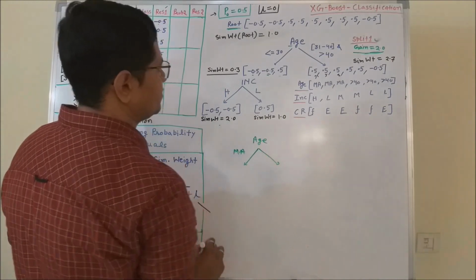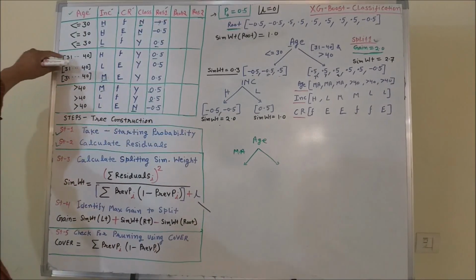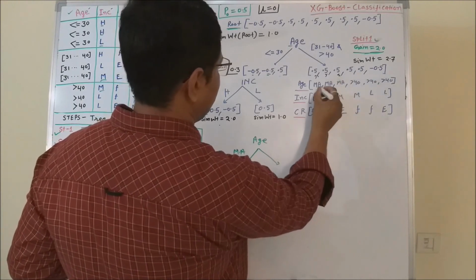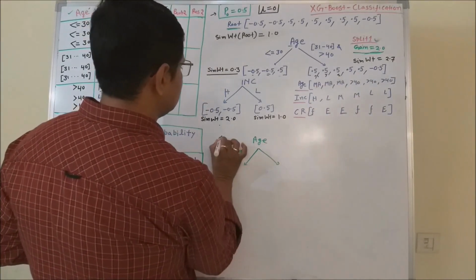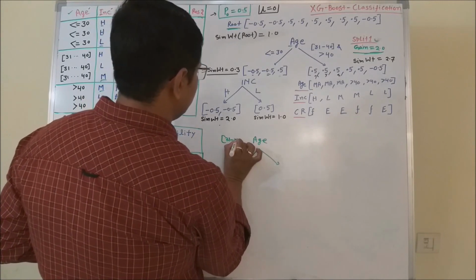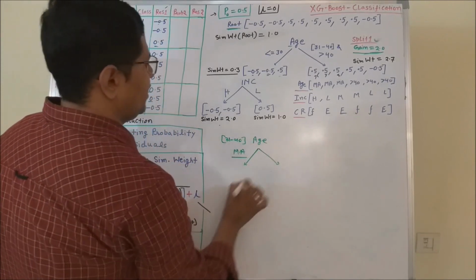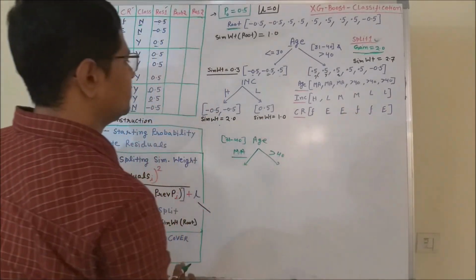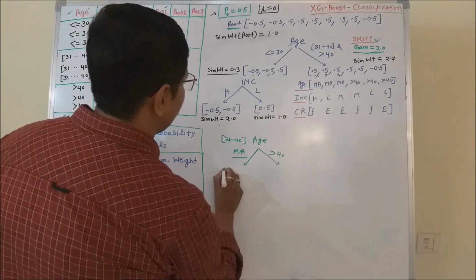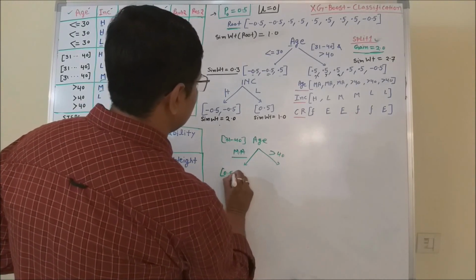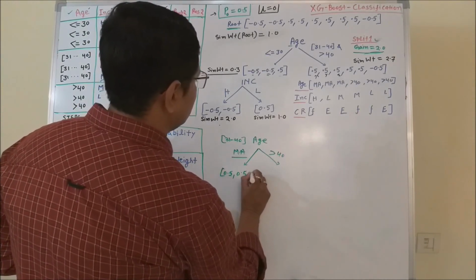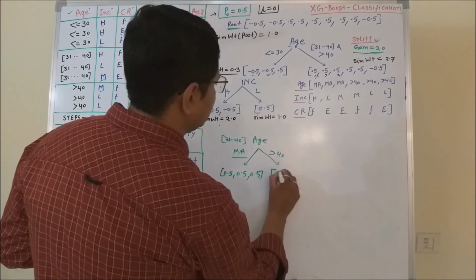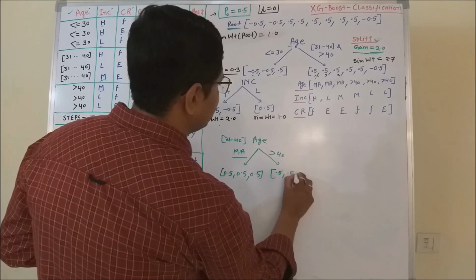Medium age, actually age between 31 to 40, actually here space is so limited, that's why I have used MA to represent the age between 31 to 40, and age greater than 40. So this is the first possible split. So once you identify those splits, you will get something like that, and for age greater than 40 you will get splits like that.